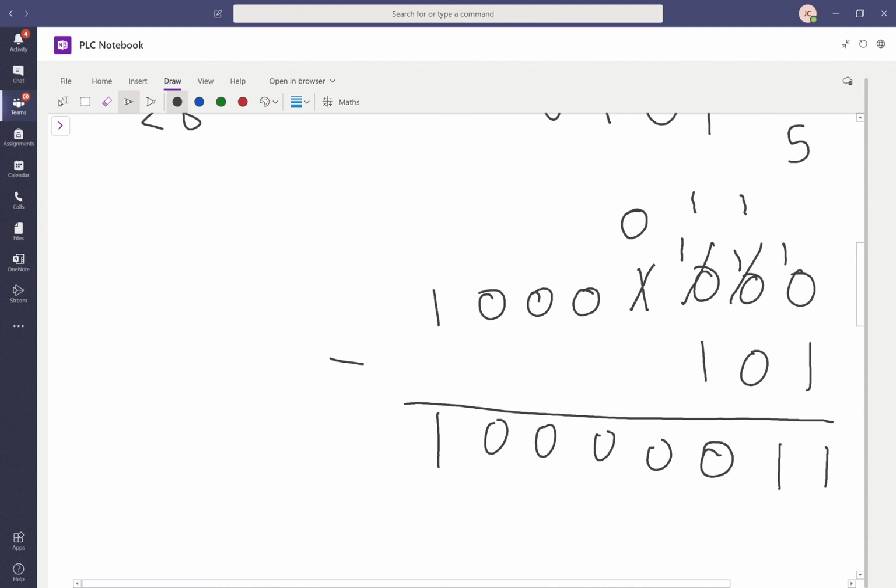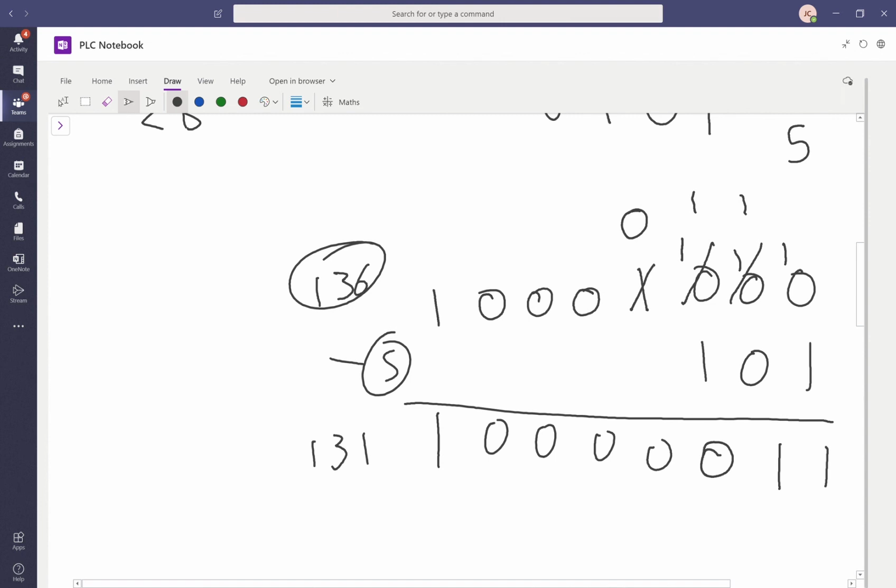Okay, so let's have a look at that. 0, 1, 2, 4, 8. 128 plus that's 136. I'll work these out in advance next time. 101, that's 5. 136 take away 5 is 131. That's 130, 2. Yep, 131. Okay, so that checks out.